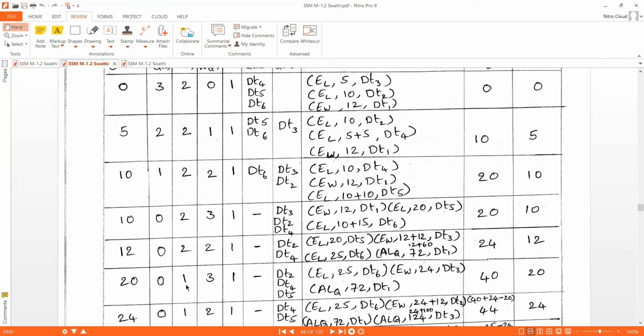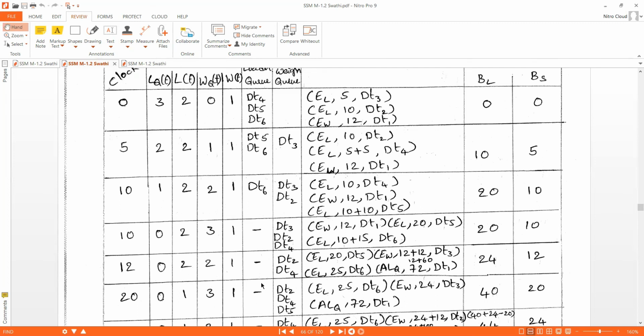Previously it was 2, and dt5 will join this weighing queue, so it is 3. By that time, the weighing scale is busy weighing dt3, so it is 1 only. The loader queue has no trucks, so we'll keep it empty, and in the weighing queue we now have dt2, dt4 and dt5.